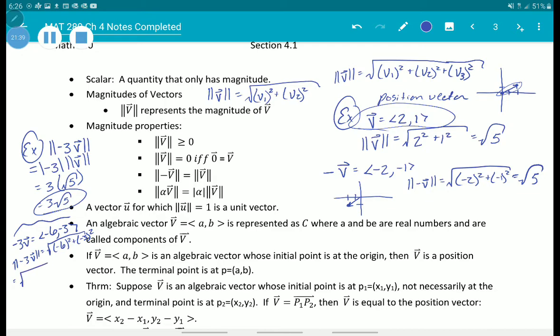So that's going to be 36 plus 9, which is 45. So 45 is the same thing as 9 times 5, which is 3 square root of 5. So you're going to get the same answer either way. So it's just showing that that works.